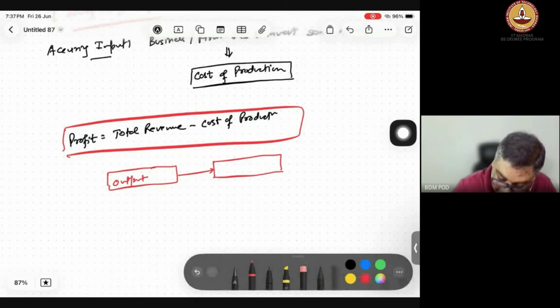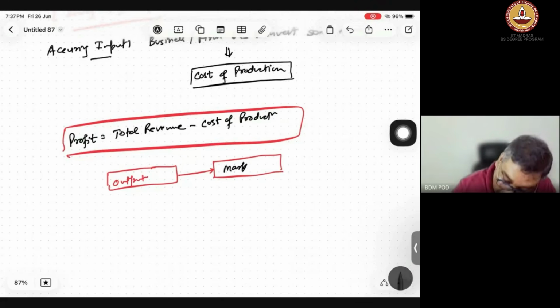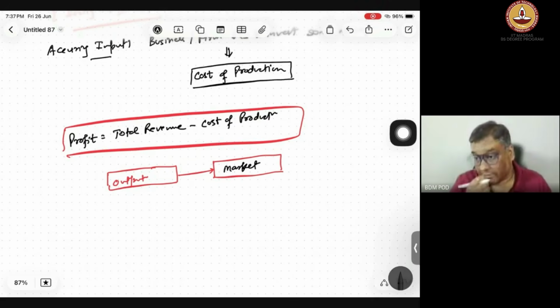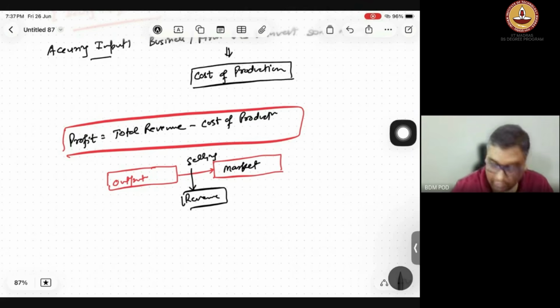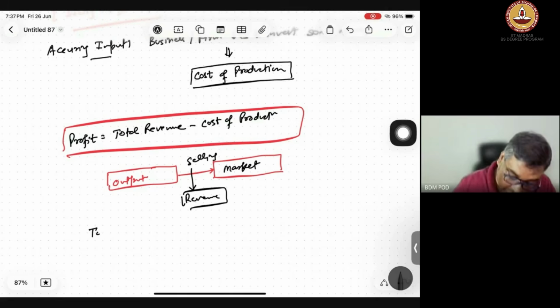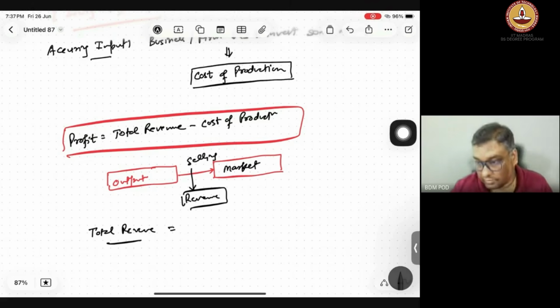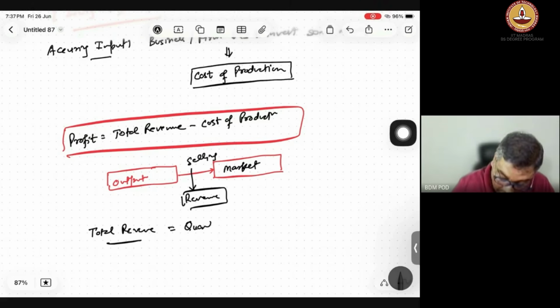When you are selling in the market, whatever you are getting from the market in return is your revenue. So total revenue is equal to the quantity you are selling times your selling price.